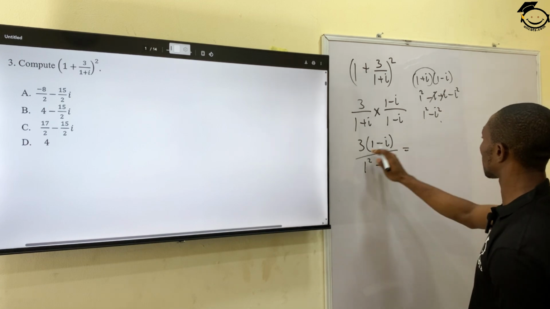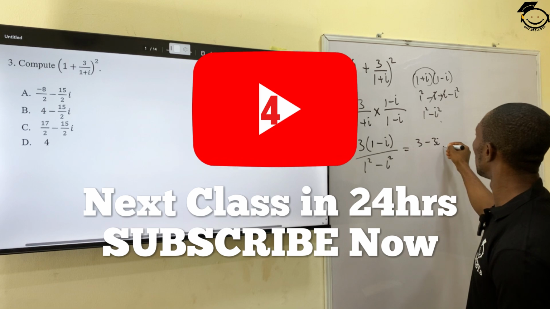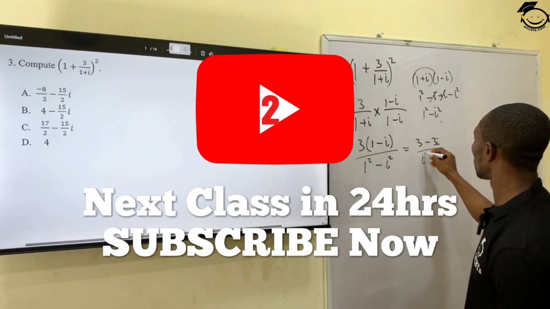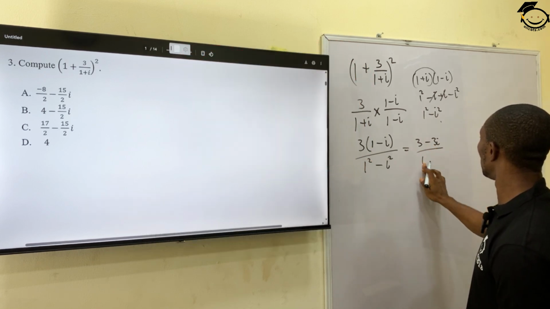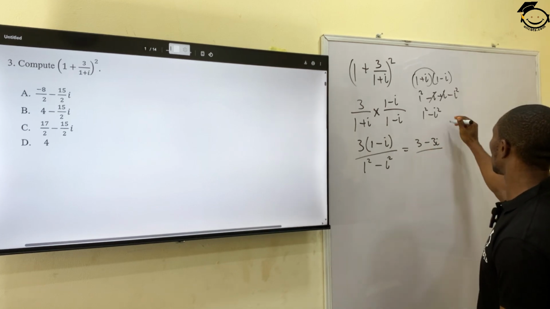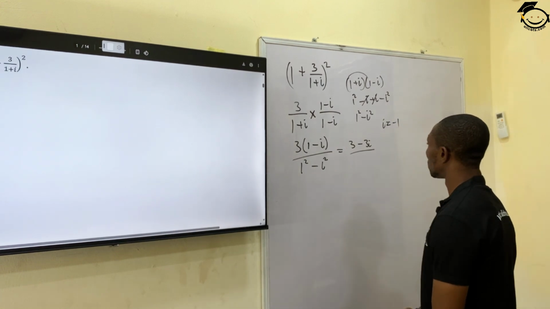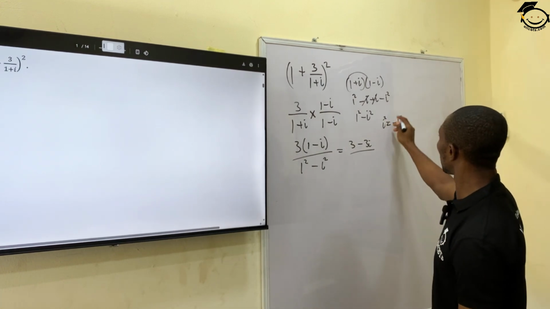Okay, so expanding this gives us 3 minus 3i all over 1 squared. We know that in complex numbers, i squared equals minus 1.